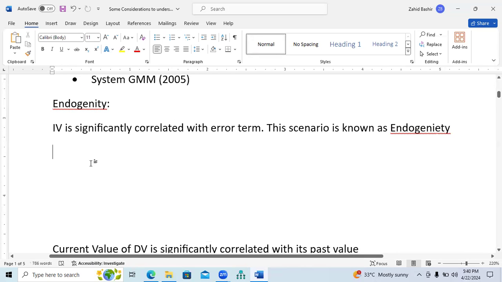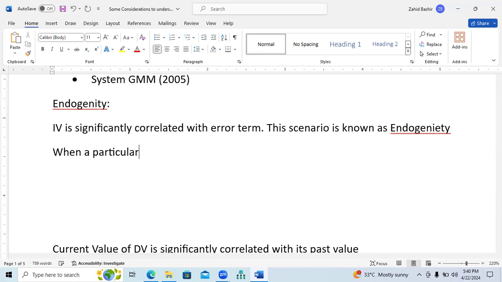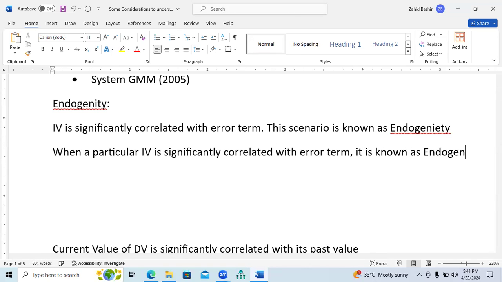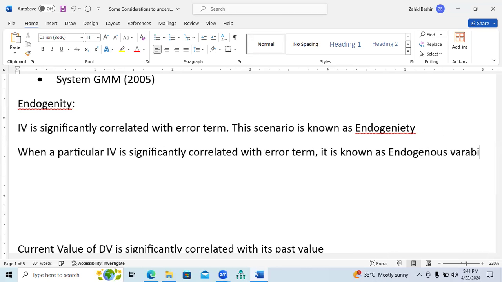It means when a particular independent variable is significantly correlated with the error term, it is known as an endogenous variable.